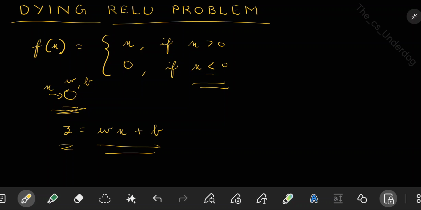This weighted output is what you give to the activation function. So when you give this weighted output z to the activation function, f of z, I am telling you, is always 0. This is what I am claiming. As of now, assume you have hit this scenario. That means your f of z, the activation function output, is always 0.